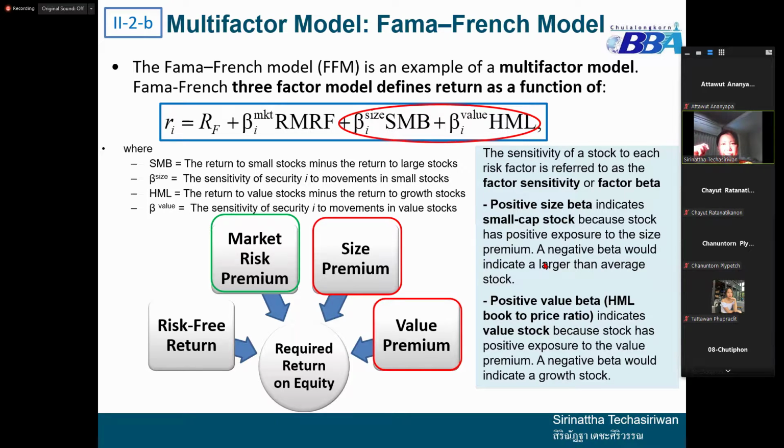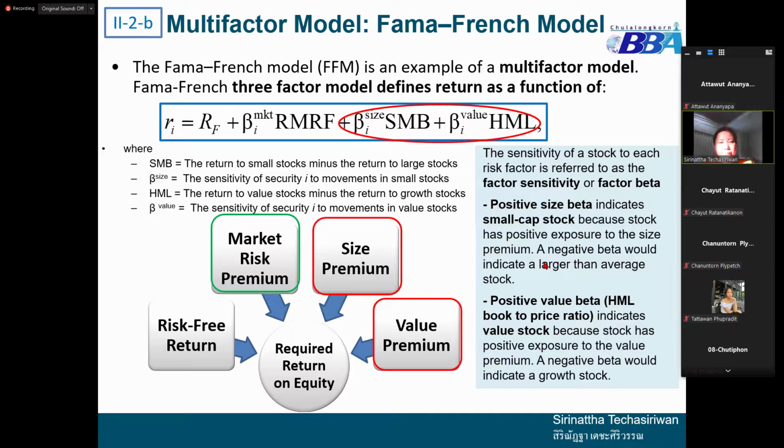So Fama and French believe that in addition to the market risk, actually, you know that market risk premium is the average systematic risk that each company contributes to the market portfolio. It's supposed to be enough to explain the risk of a company.